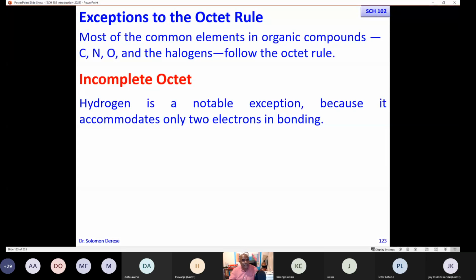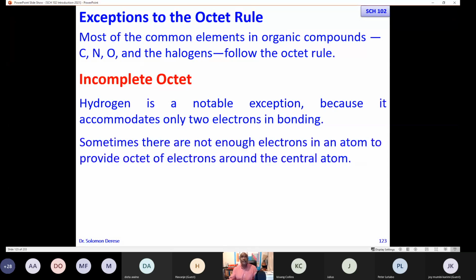The other elements follow the octet rule because they want to have the electron configuration of their corresponding noble gases, that of neon, argon, krypton, xenon, etc., which have 8 electrons in their valence shell. But there are still other elements in the periodic table. When they form a bond with other element, they will not have 8 electrons.